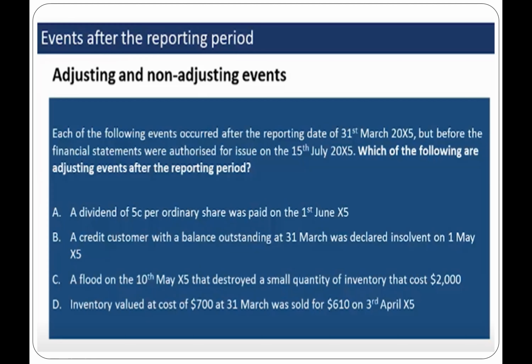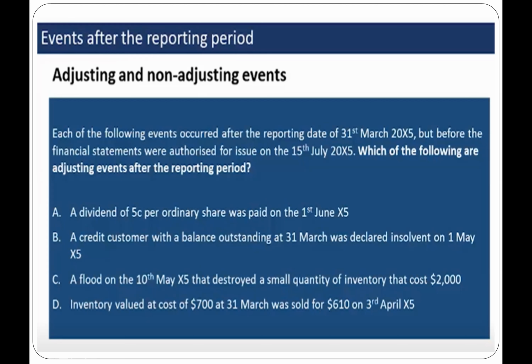Then a flood on the 10th of May 2015 that destroyed a small quantity of inventory that cost 2,000. So again, the flood happened on 10 May, which means by 31 March, the goods were still there. So as far as we are concerned, we are not going to go back and adjust anything. We are going to leave it as it is. And then we are actually told that it destroyed a small quantity of inventory that cost 2,000.